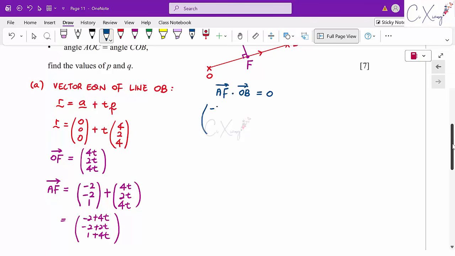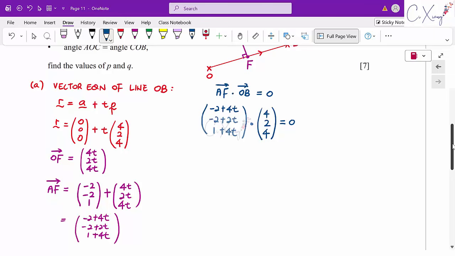Agree? So I'm having negative 2 plus 4t, negative 2 plus 2t, then 1 plus 4t, dot product with the vector OB, which is 4, 2, and also 4, and we let it equal 0.